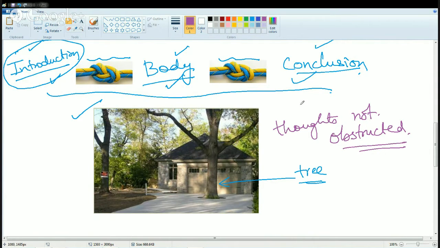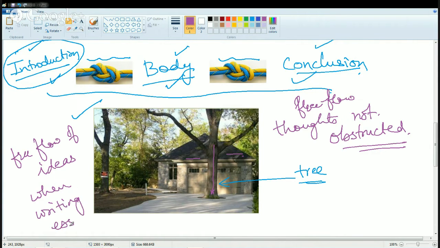You should have a free flow of thoughts. Just because your family believes so or your culture believes so, you must not restrict your thoughts, because once you restrict your thoughts, you cannot develop a good flow for writing. So the most important thing is to allow a free flow of ideas when you are writing an essay.